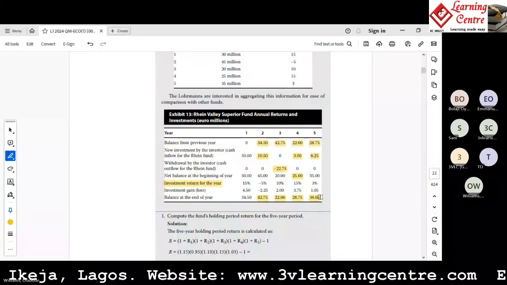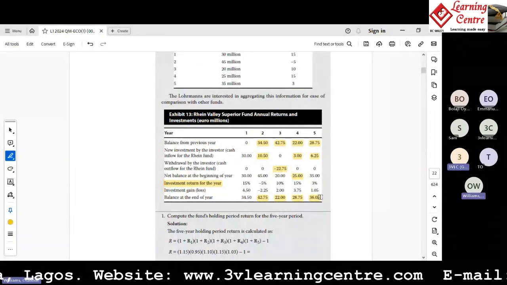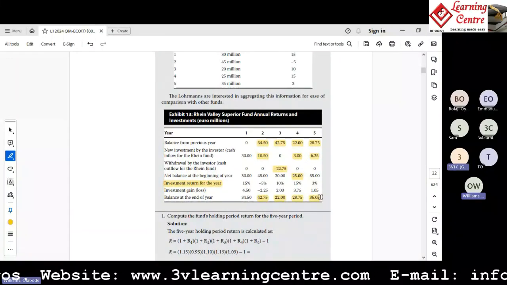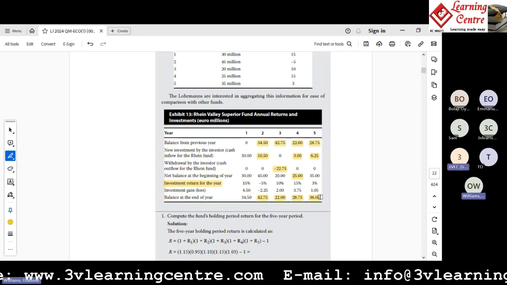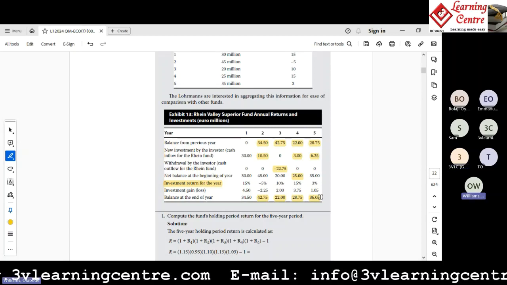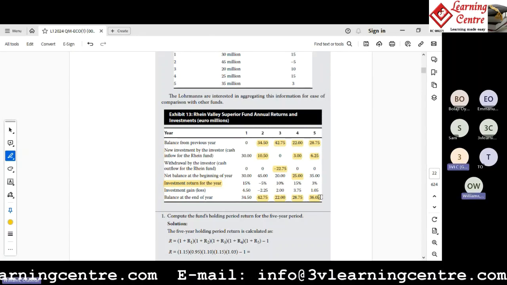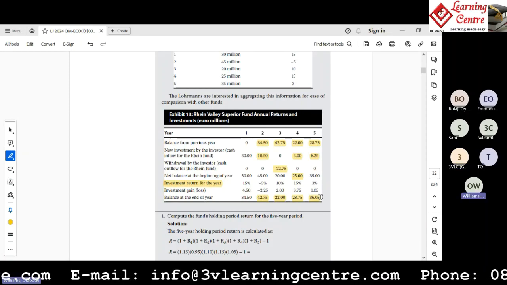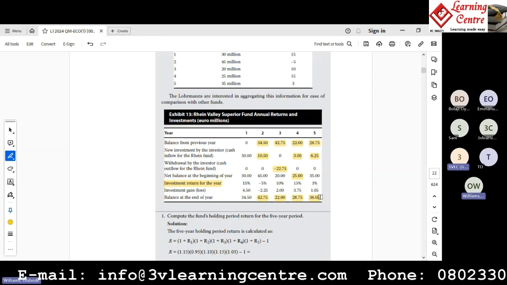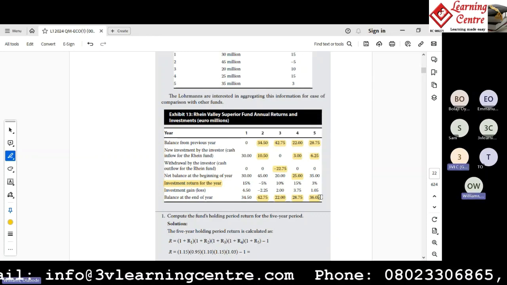What this exercise enables you to do is, even when information is not explicitly stated, derive withdrawals and additional investment just based on the information you're given. That's what this table has done. We were given asset under management and the return per year.